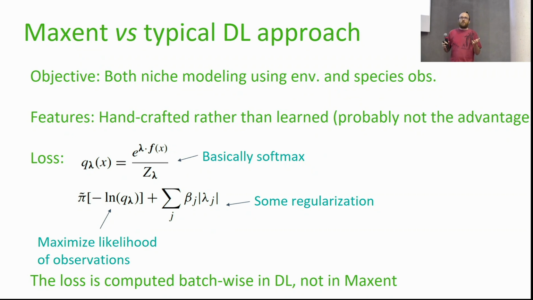Probably I would argue that this is not what makes the advantage of Maxent. If you look at the losses used in Maxent and in the majority of deep learning approaches in deep SDMs, these two equations come directly from the Maxent paper.